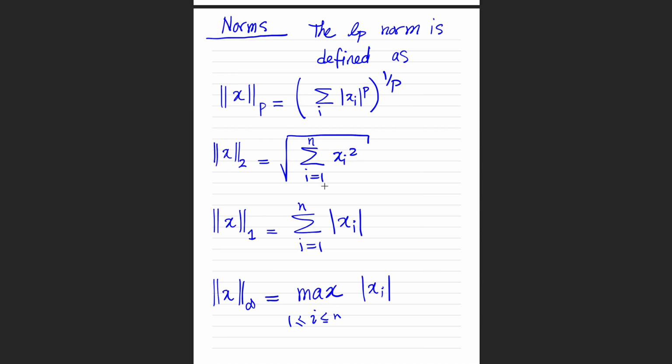The L2 norm is just the Euclidean distance. It's defined this way. If you add a 2 here, then we just get rid of the square root. The L1 norm is just the sum of the absolute values, and the infinity norm is just the maximum of the absolute values. We will mostly work with these two norms, the L2 norm and the L1 norm.